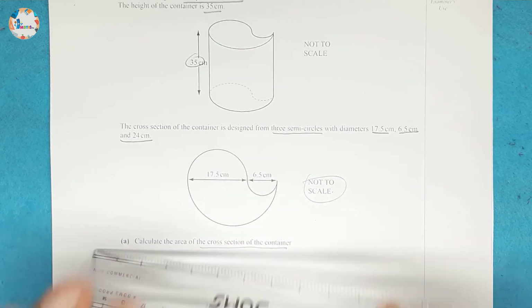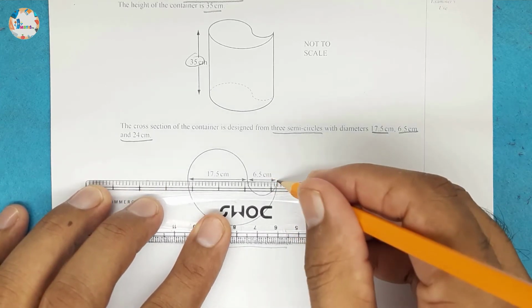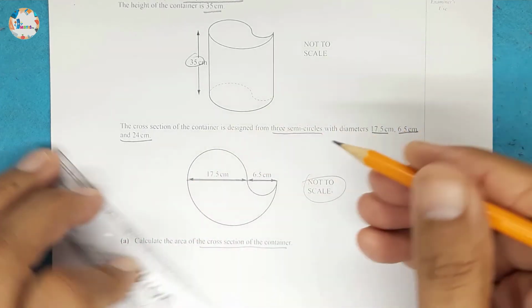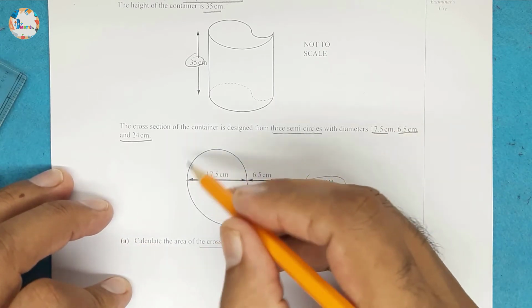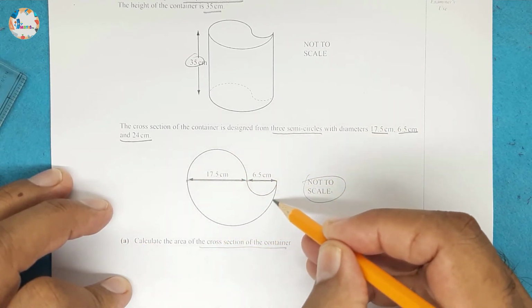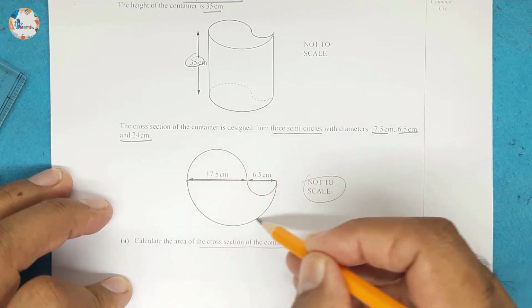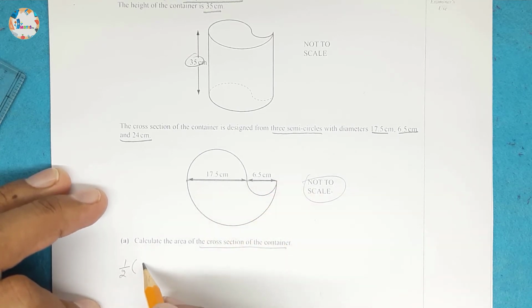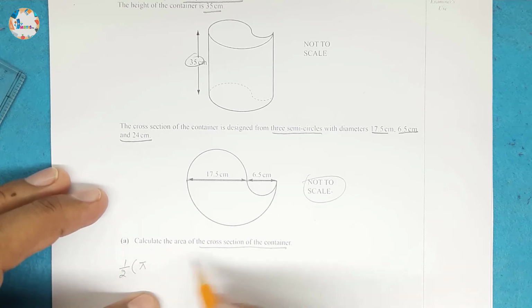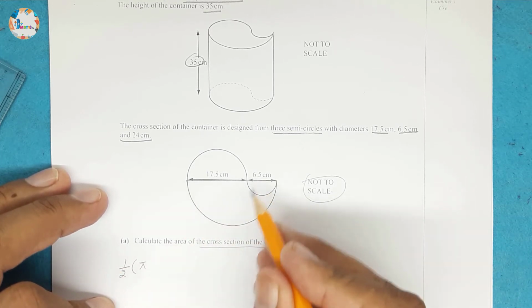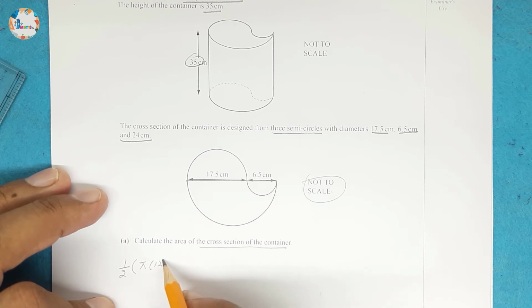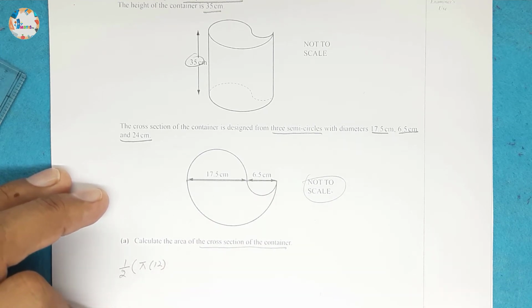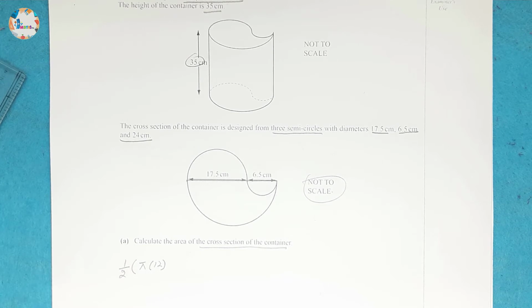So if we check basically this one, if we split, basically one semicircle is this bigger one. So if we take area of this bigger one, it will be 1/2 of pi r square, and r is what? R is 24 divided by 2 will be 12, so we can write here 12. So this will be basically pi r square, so we have to take 12 square.